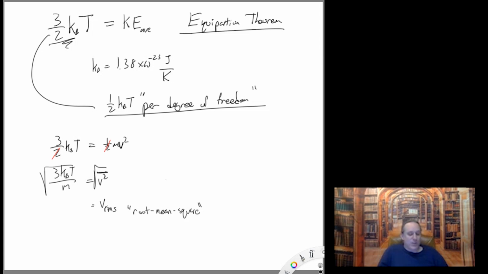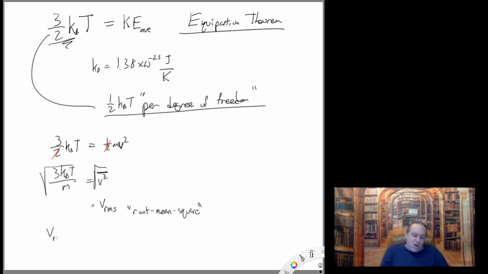And this is a concept that we'll see in the second semester as well, this idea of trying to average over something. If we average over it, because it's positive sometimes and negative sometimes, we get 0. And so we want to average its magnitude. So we square it, we average the square, and then we take the square root.